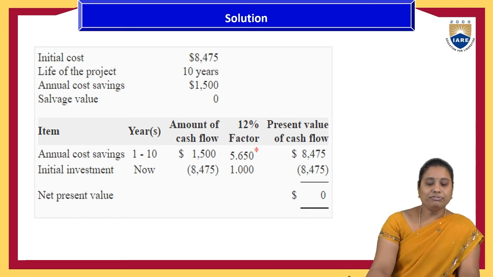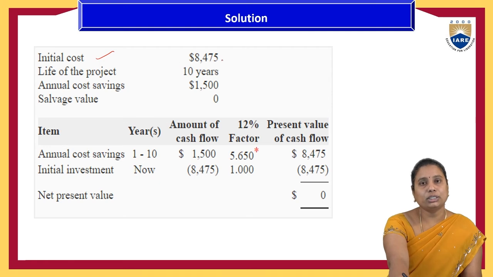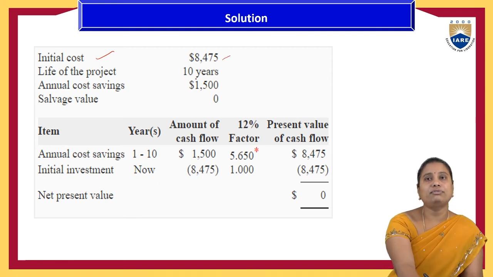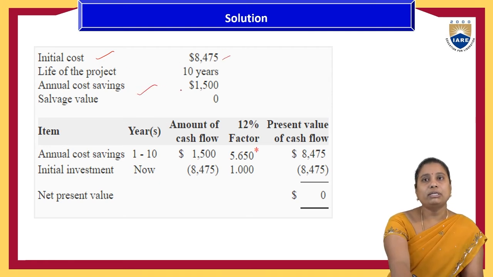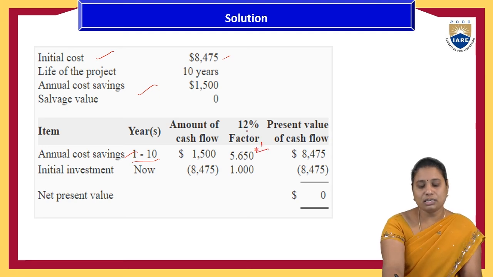And if we see this one, the initial cost of that machinery is 8,475. The life of that project is 10 years. Annual cost savings is 1,500. Salvage value is 0. Then the annual cost saving for 10 years is 1,500 into the factor value at 12% we have calculated, right? So 1 plus r, 0.12, whole to the power of 10.